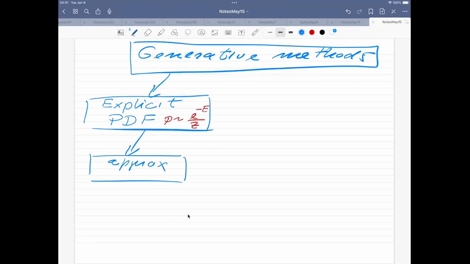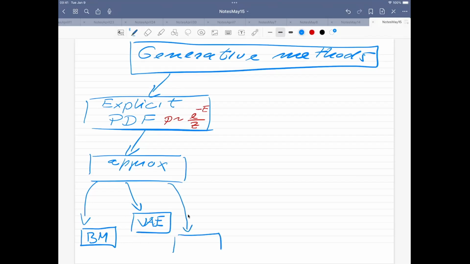So one of the approximations is what we call Boltzmann machines, which we discussed in the very beginning of the generative type of models part. Then we have variational autoencoders. That is another class of models. And then we have the final one, which we discussed last week, which I'm going to quickly remind you of.